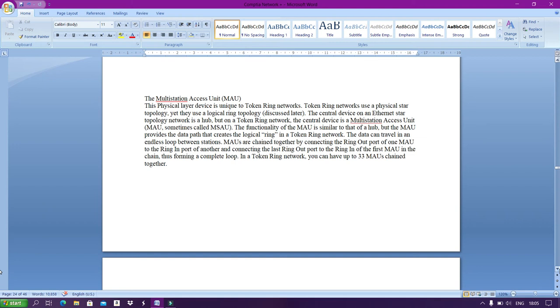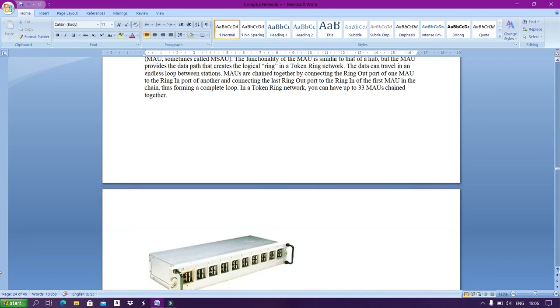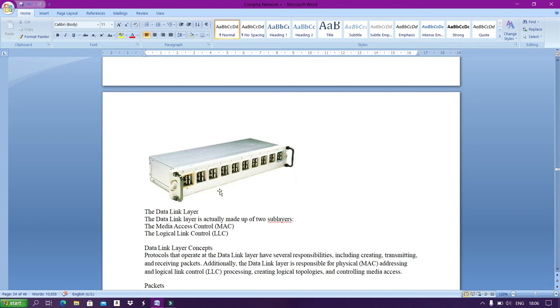MAUs are chained together by connecting the ring out port of one MAU to the ring in port of another, connecting the last ring out port to the ring in of the first MAU in the chain, thus forming a complete loop. In a token ring network, you can have up to 33 MAUs chained together. And this is a picture of a multi-station access unit.